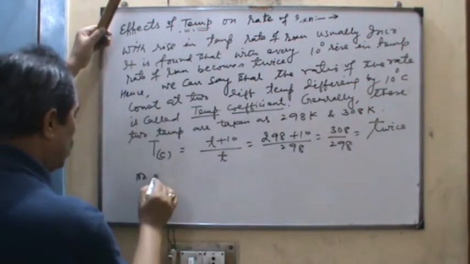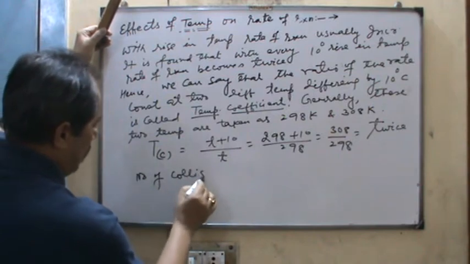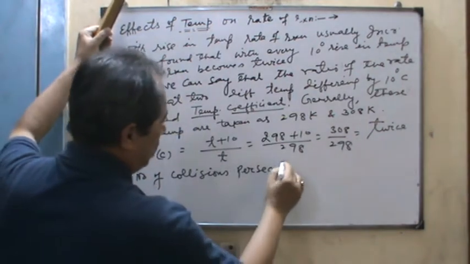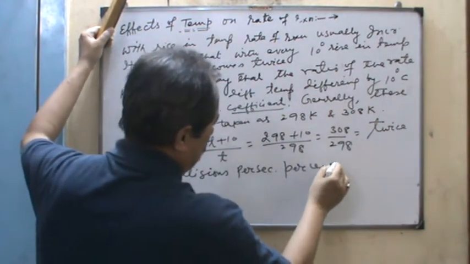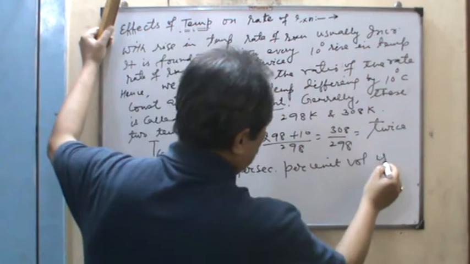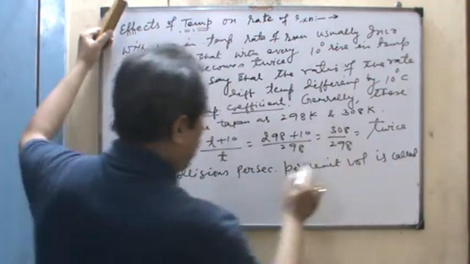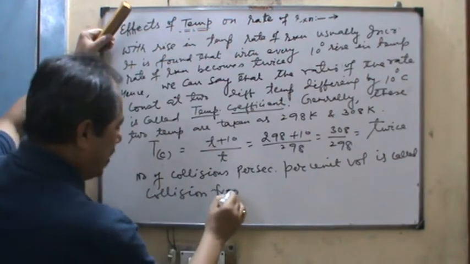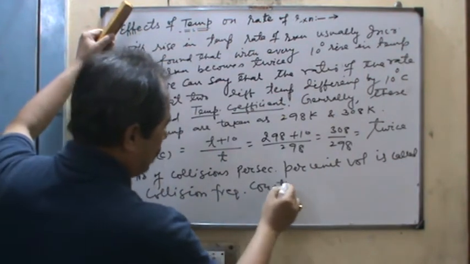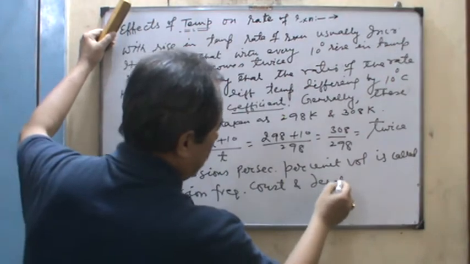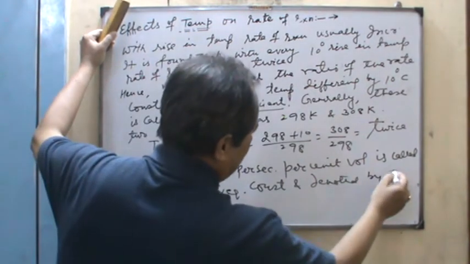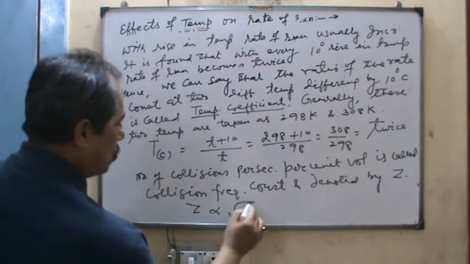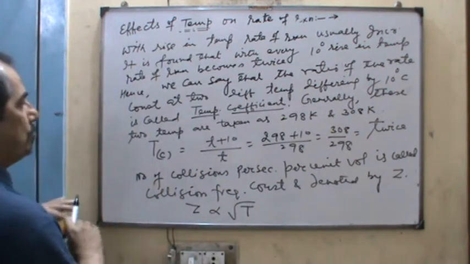Number of collisions per second per unit volume is called collision frequency constant and denoted by Z. It is found that Z is directly proportional to the square root of temperature.